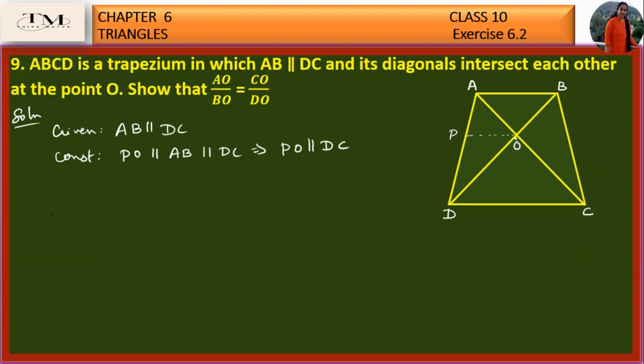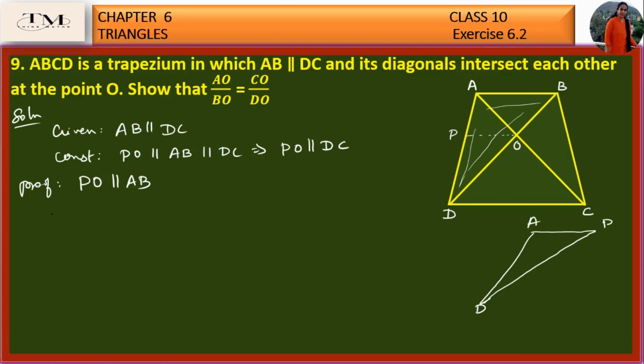So let us first consider PO parallel to AB. Now consider this triangle. It is ABD. So I will draw this triangle here. This is D, A, B. So we have PO parallel to AB.